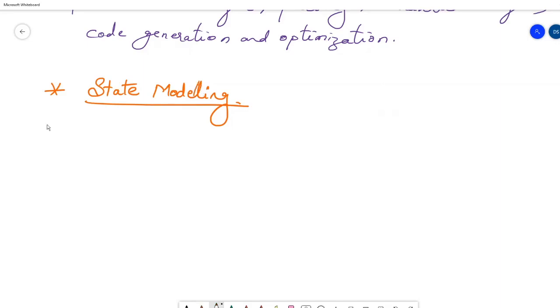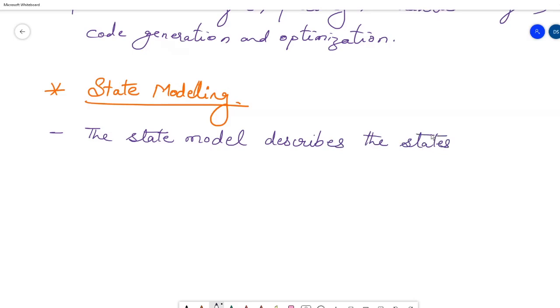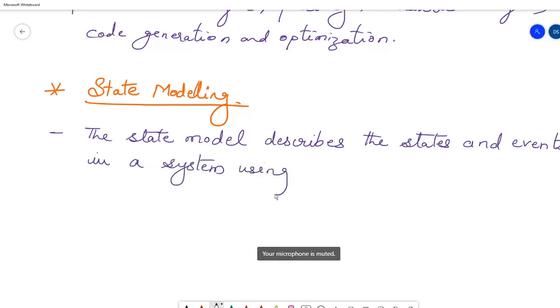If we have to define state modeling, we can state that the state model describes the states and events in a system using a diagram.